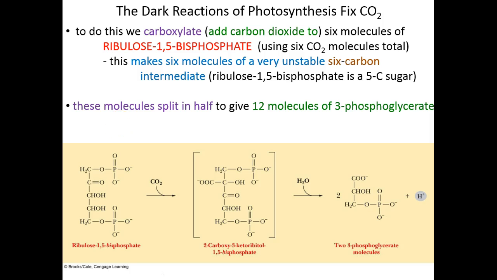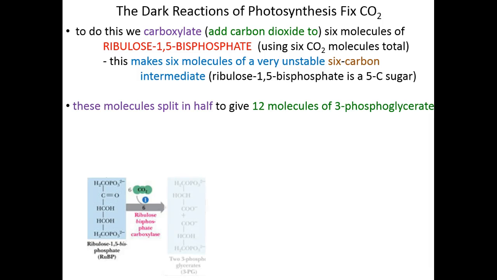So, if we had 6 ribulose 1,5-bisphosphates, and we added to them 6 carbon dioxides, we had 6 unstable intermediates that collapsed down into 2 molecules of 3-phosphoglycerate each. That means we have a total of 12 molecules of 3-PG when this is all done. Our 6 unstable molecules broke down into 12 3-PGs, 3 carbons each.